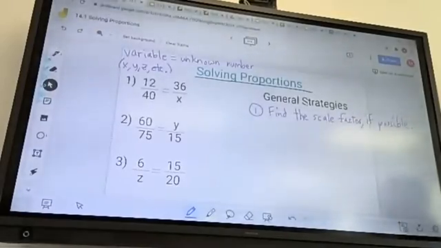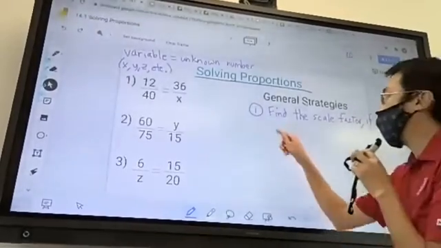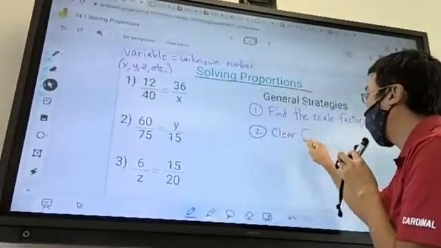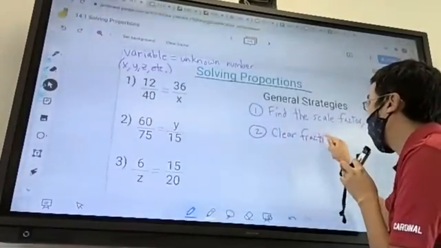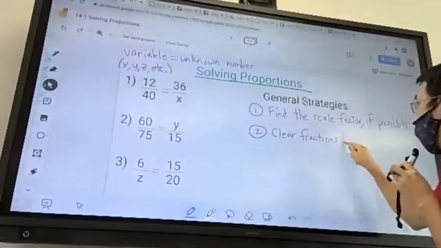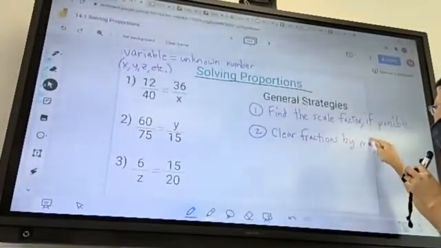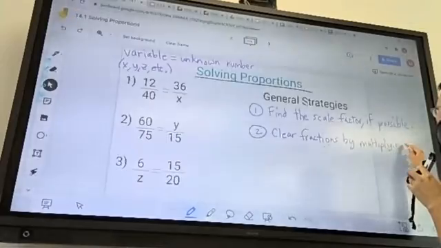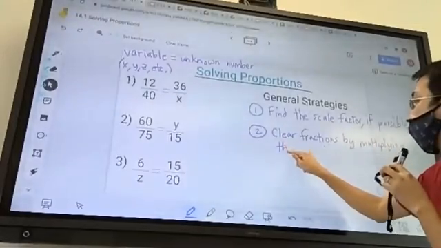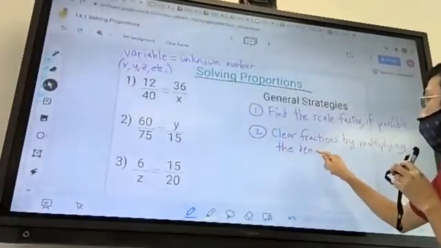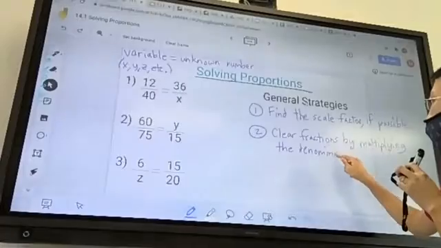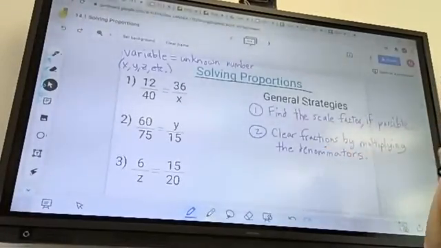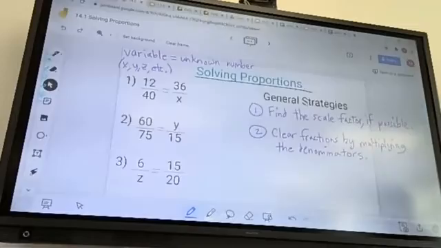If you cannot find the scale factor, then we want to clear fractions by multiplying the denominators. So if we cannot find the scale factor, then we want to clear the fractions by multiplying the denominators.